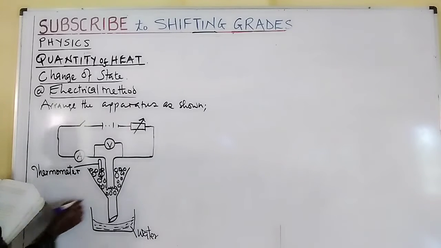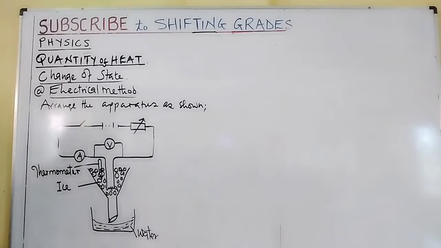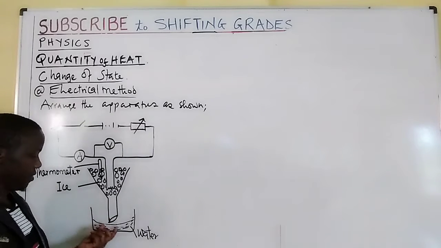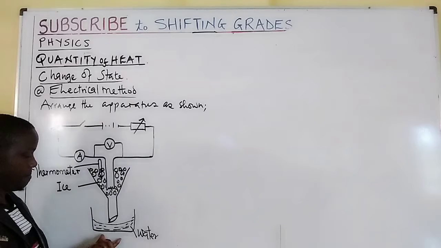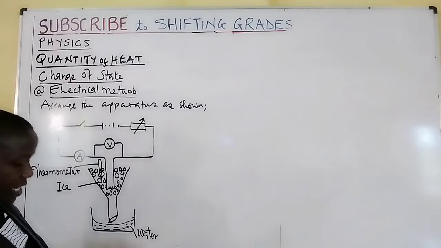We have ice here. So after connecting, we want to check the water which will melt here, and that will be the ice which has been turned into liquid water.